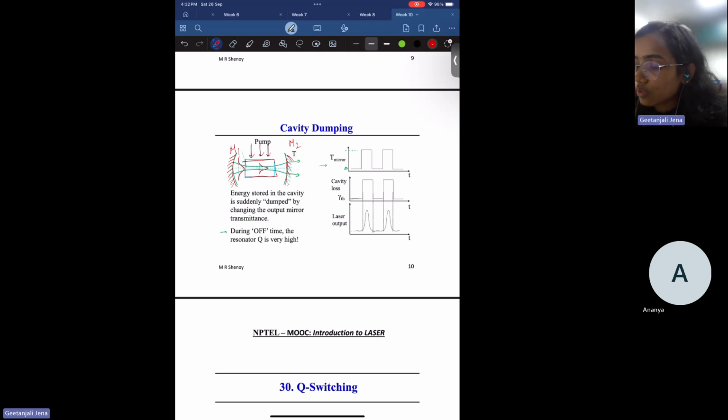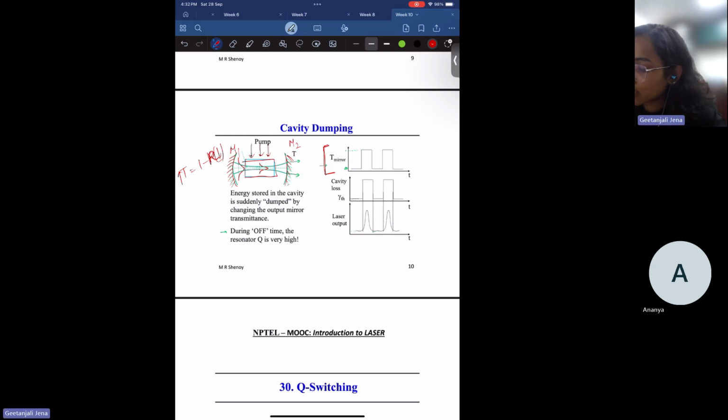Now, in this figure, we are changing the transmittance of this mirror, that is, we are changing the reflectivity of the mirror. What is the relation between reflectance and transmittance? Transmittance is given by 1 minus R. So changing the transmittance means we are changing the reflectance.